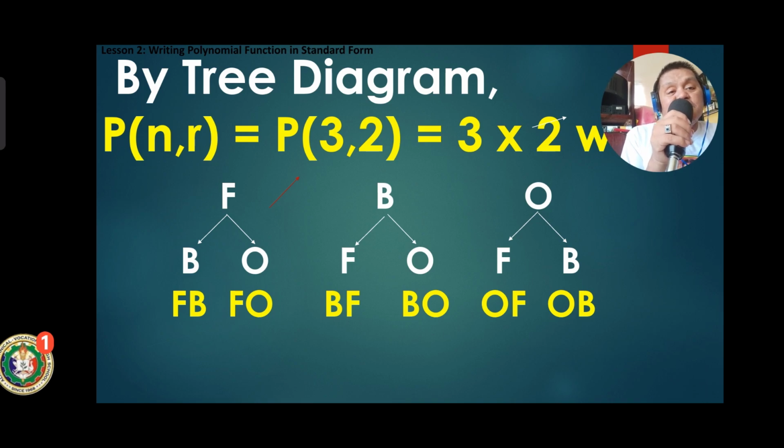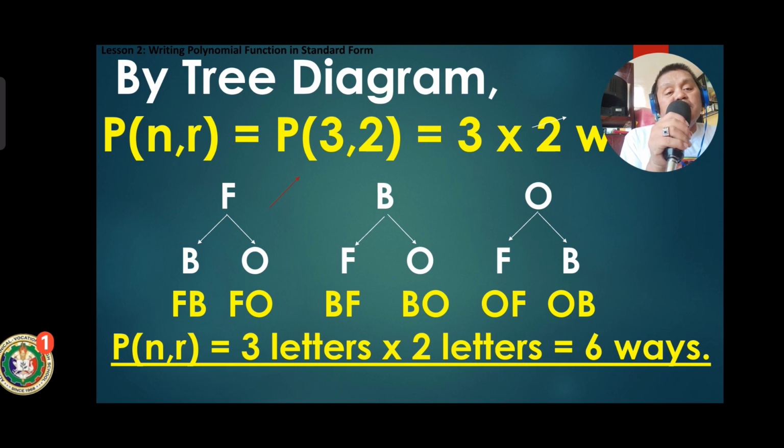We have 3 letters F, B, and O. So we have now permutation of 3 letters F, B, O taken 2 at a time, given 3 letters and taken 2 at a time, so there will be 6 ways. So we have FB, FO, BF, BO, OF, and OB.